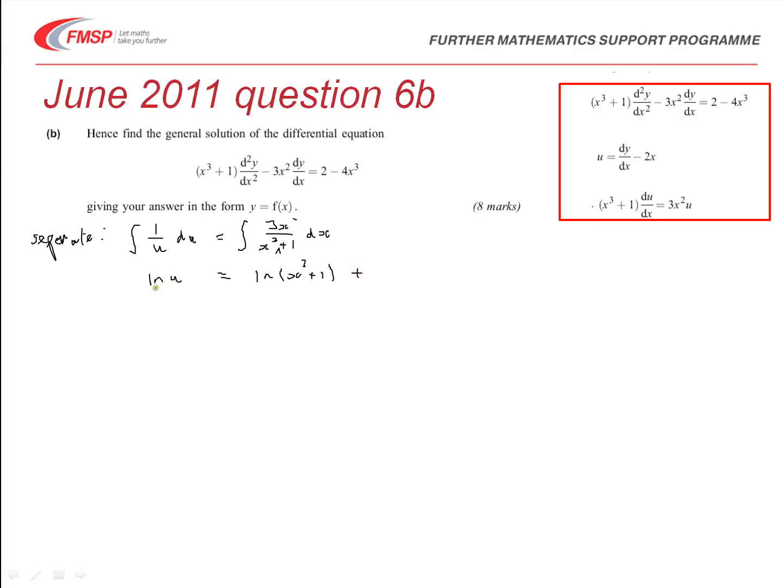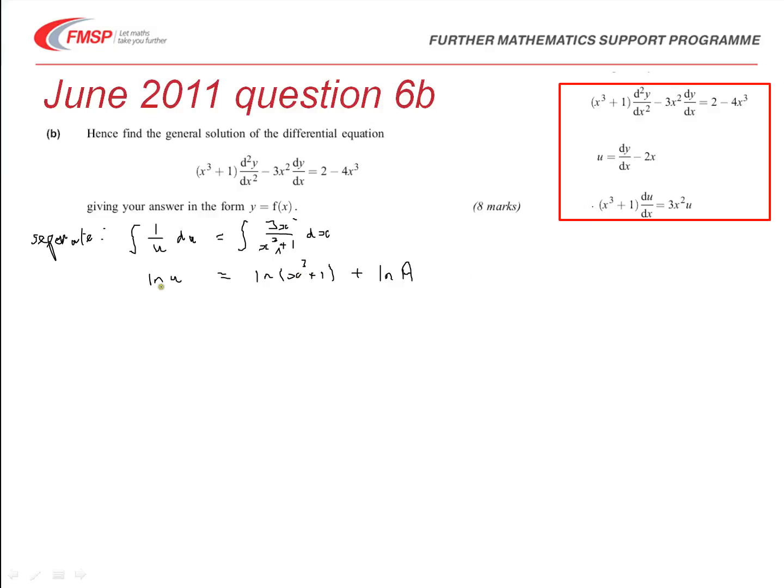Now since we have ln on both sides, the sensible constant to put is ln of some constant a, because then we can add these two log functions, and we know that when we add, that's the same as multiplying the two terms.